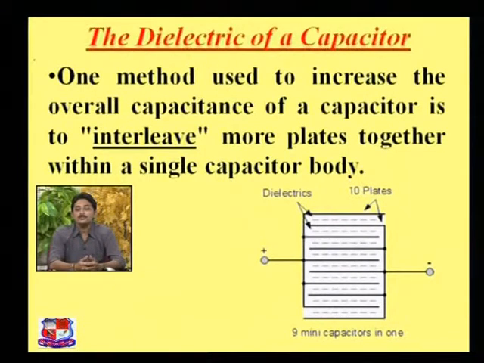So instead of using only 2 single parallel plates, you can get 9 times higher capacitance. As we can see, plate 1 to 2, 2 to 3, and so on up to 9 to 10 all get a capacitance, and the overall capacitance goes high. So this is one of the important methods to increase the capacitance.